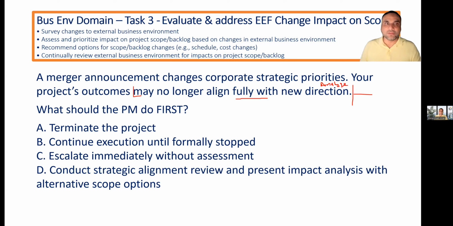No, it already says no longer align. When you are using the words no longer align, what's the benefit of reprioritization? The two options left are terminate or change to realign.